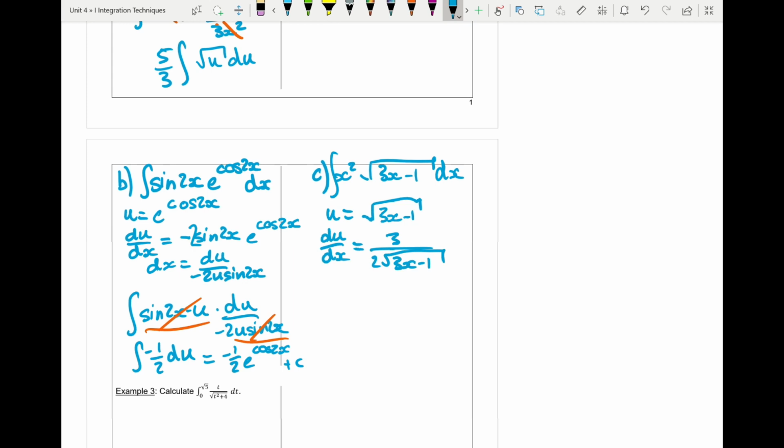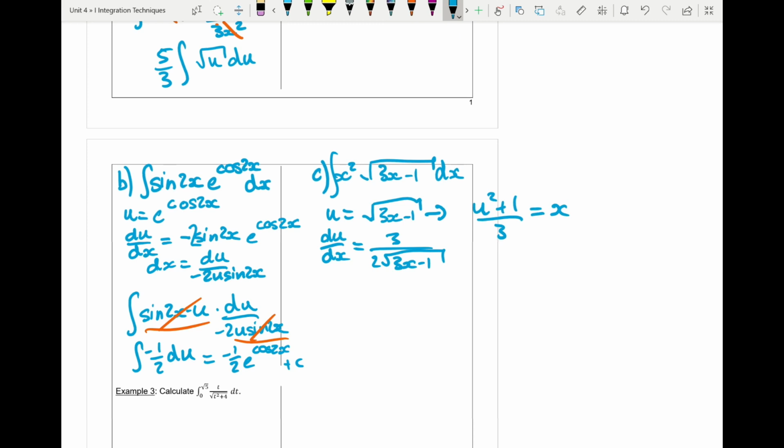So what we can then do now is this u is in terms of a square root of x. We want to rearrange that so that we know how x is defined. So rearranging this u, we get u squared plus 1 on 3 is equal to x.